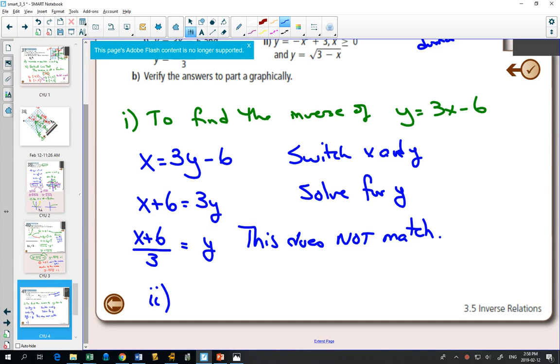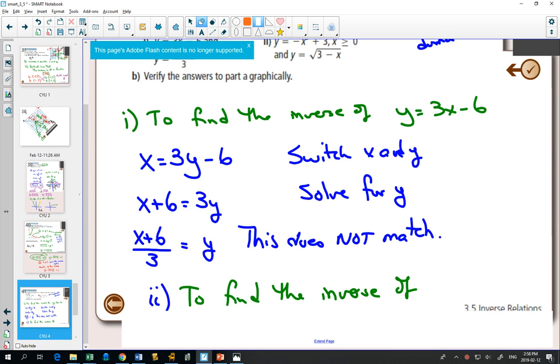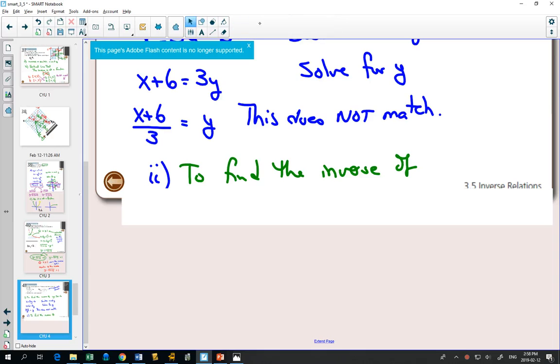So if I wanted to find the inverse of y equals negative x squared plus 3 with the restricted domain of x being greater than or equal to 0, well, how do I find an inverse?